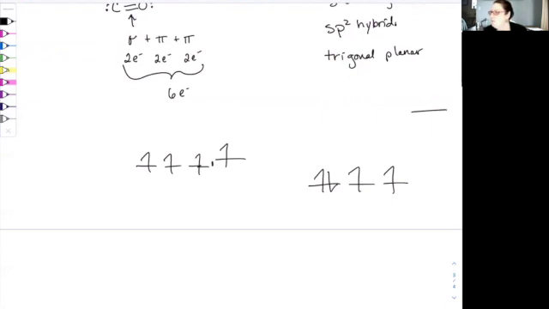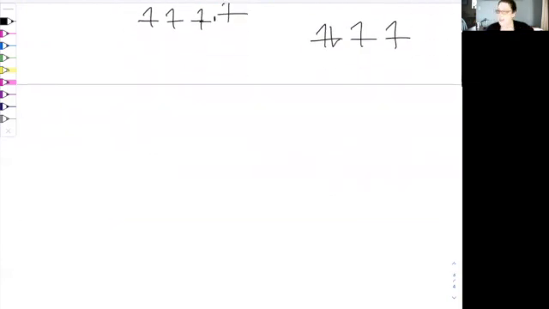All right, how are you guys feeling on your geometries and such? Should we do an example? Yeah. Thumbs up. Okay. Beautiful. All right. So let's start with this one. So this is silicon tetrafluoride.